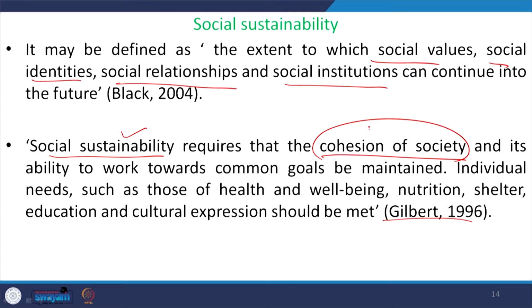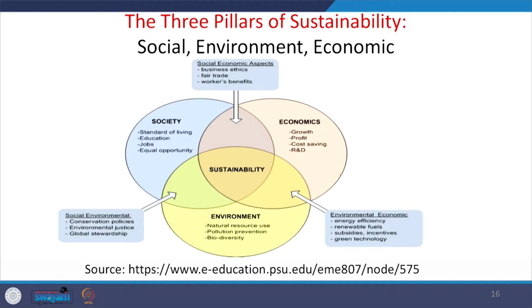This cohesion, in terms of all these values, works together for achieving the common goals, and as a result the individual needs in terms of health, education, nutrition and shelter can easily be fulfilled.